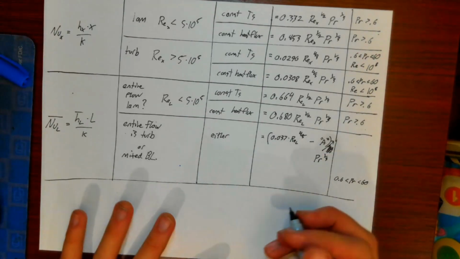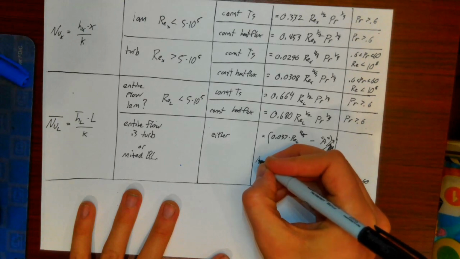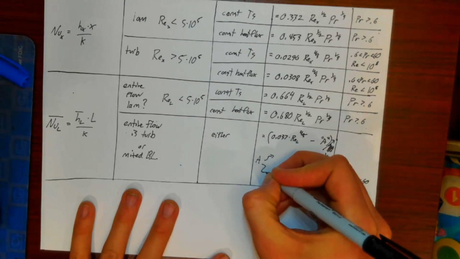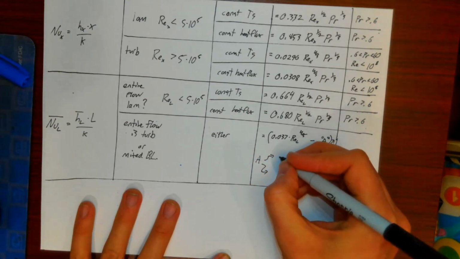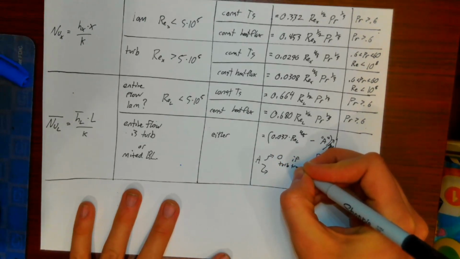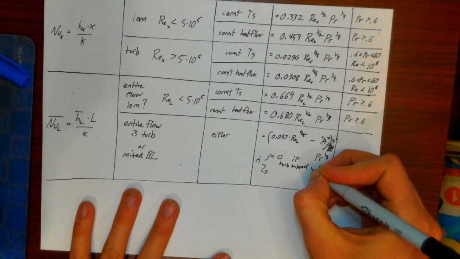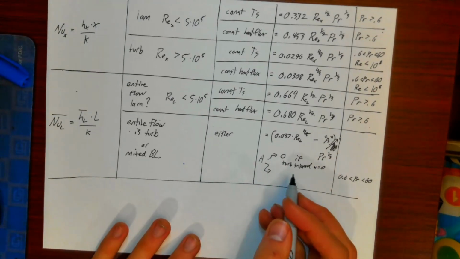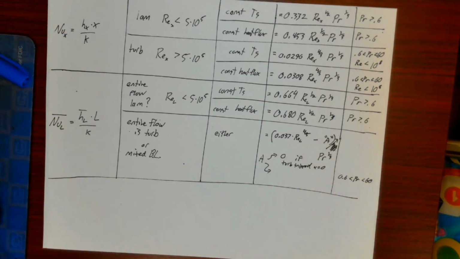And A basically has two possibilities. A is equal to 0 if turbulence tripped at x equals 0.